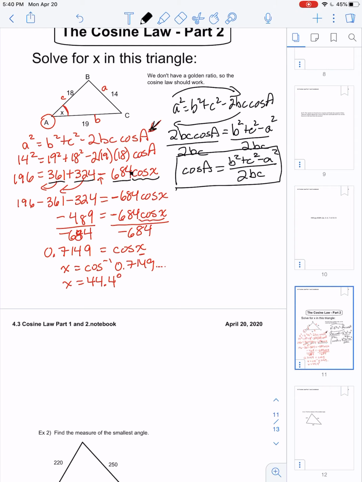Now, of course, this works with cos of b, cos of c. Notice that the angle that you are looking for, the side that's opposite it, is being subtracted in the numerator. If this said cos of b, then you know that you must be subtracting side b on the end. So that only leaves you with a squared plus c squared.